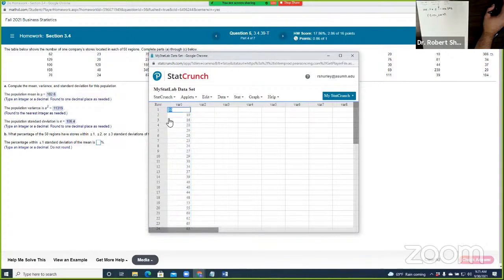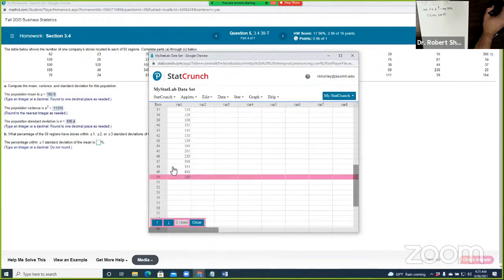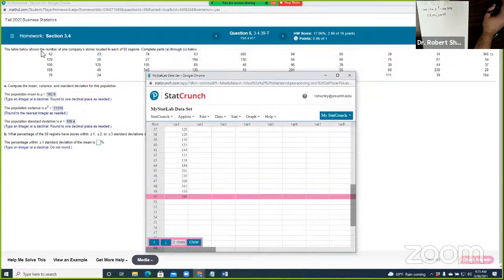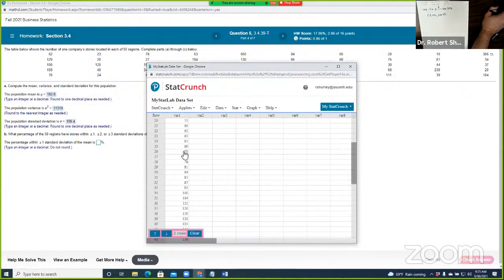So look, there's 1 all the way down to 50. What is this? Table shows number of one company stores located in each of the 50 regions. Okay, so this is just the number of stores located in 50 different regions.